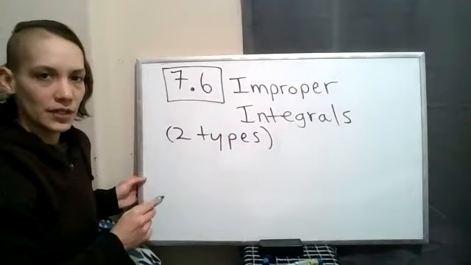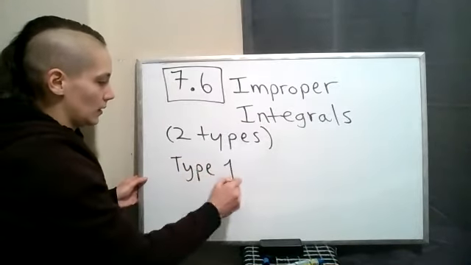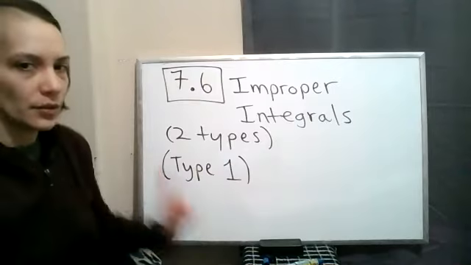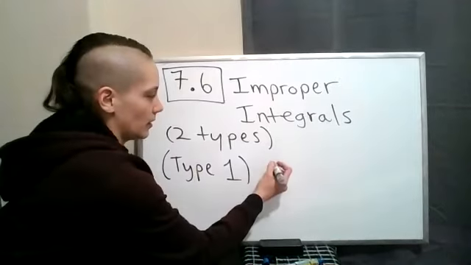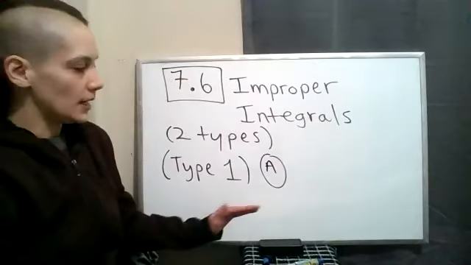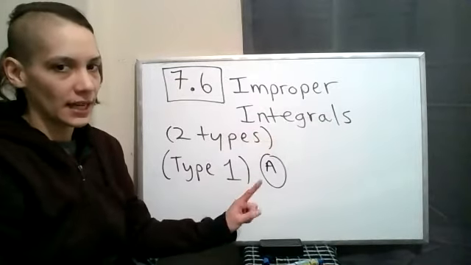Okay. The first, type 1, could happen in 3 different ways. So the first way, we'll call part A, is the integral from negative infinity to b of f of x dx.